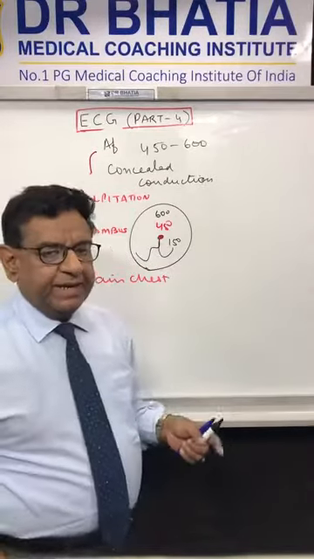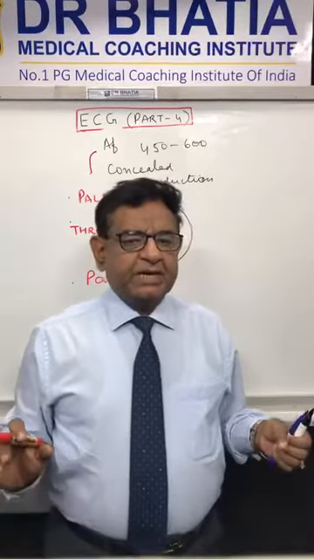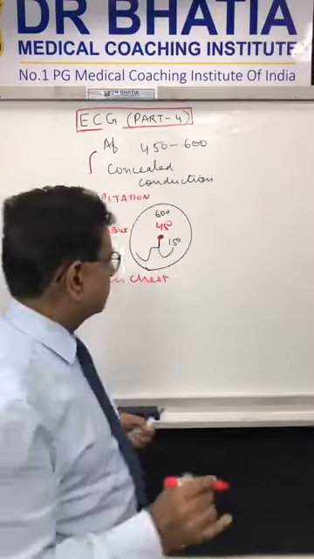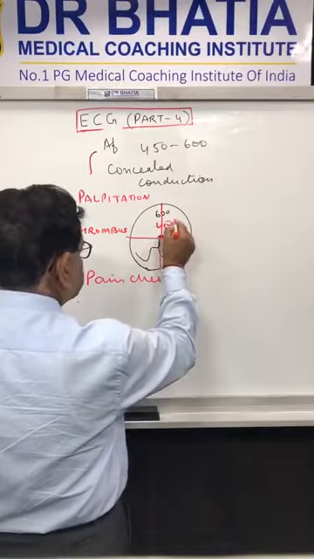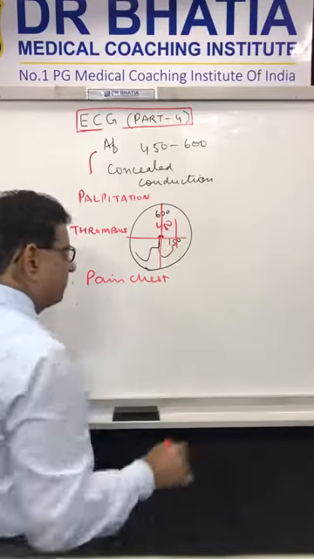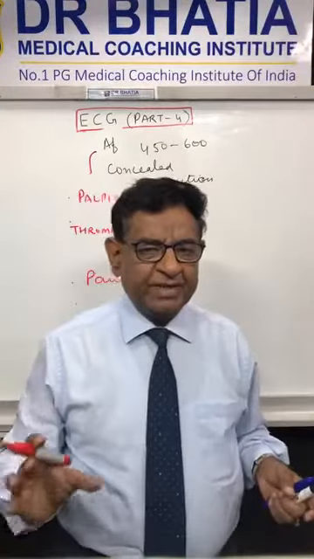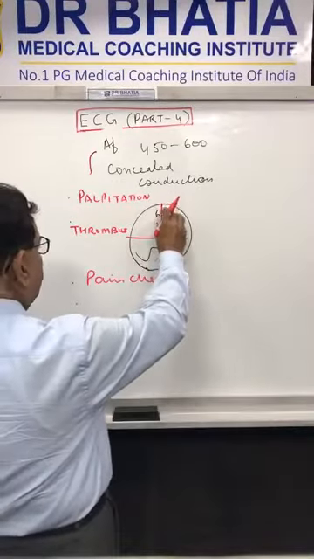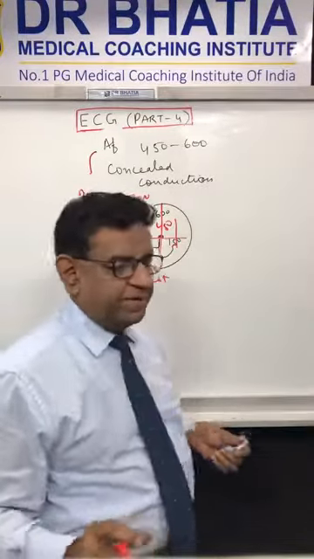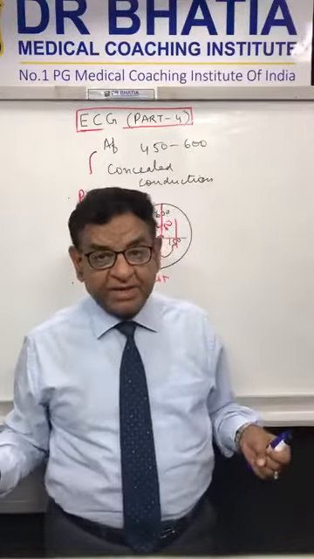Moreover, as the diastolic period is very short, so let's say this is the heart, the amount of blood coming into the left ventricle is very less, and moreover the atria are not contracting, so the amount of blood coming into the LV is drastically reduced.